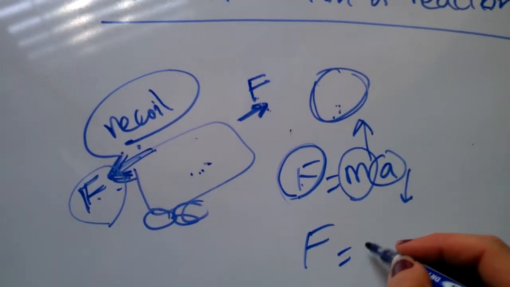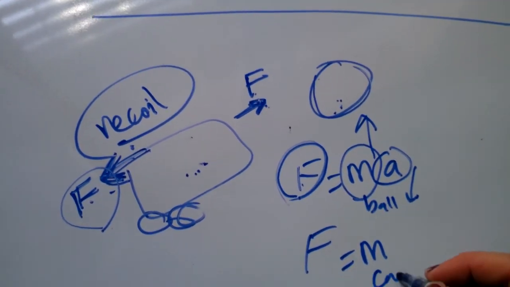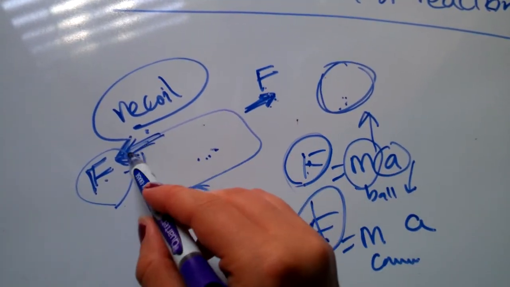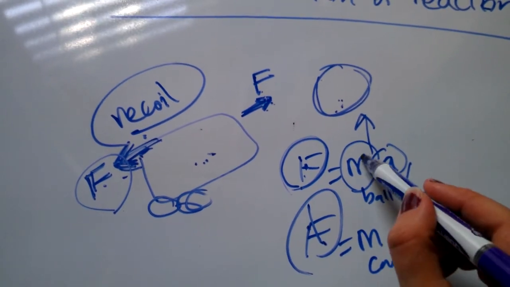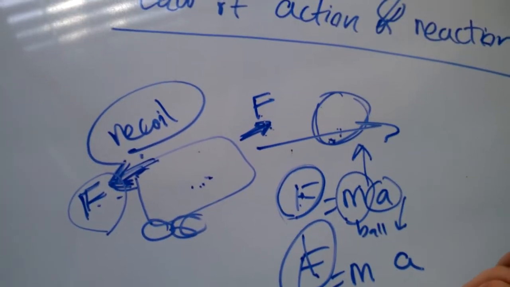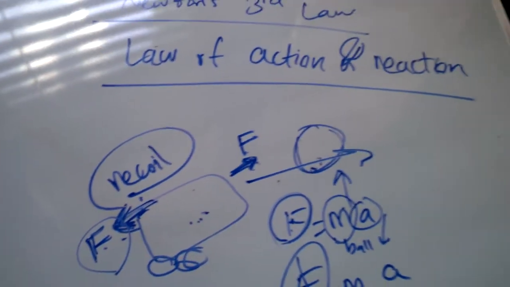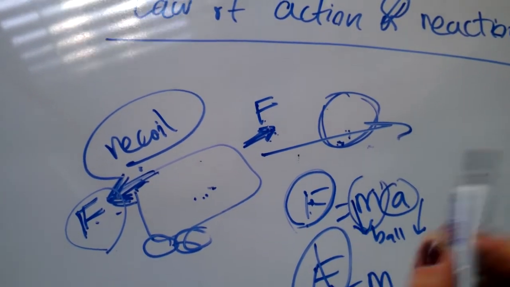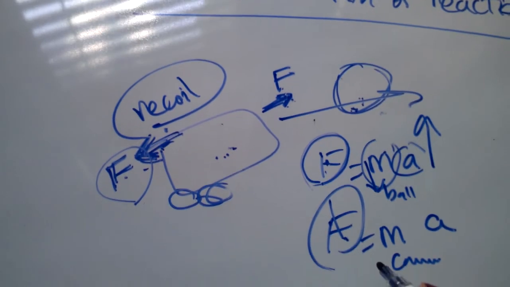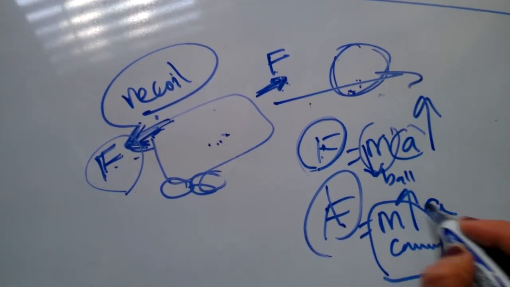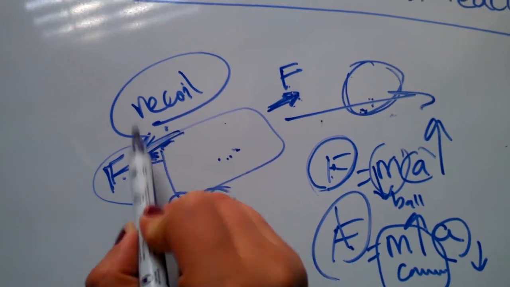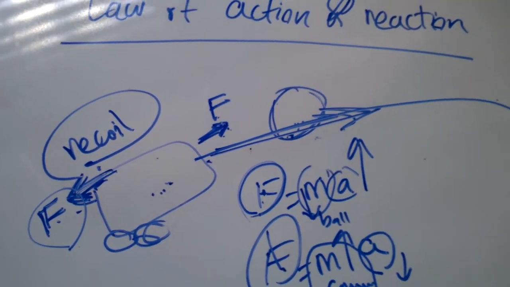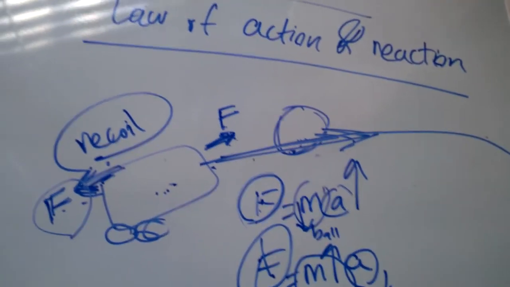So say you have the mass of the ball and the mass of the cannon, right? If the magnitude of the forces is the same, whichever is lighter, here the ball, gets more acceleration, because the mass here is way lighter. Hence, the acceleration gets bigger. Here, the mass of the cannon is way bigger, so the acceleration is smaller. That's why the recoil is way smaller compared to the ball, which actually lands way, way further away, right? So that's the reason.